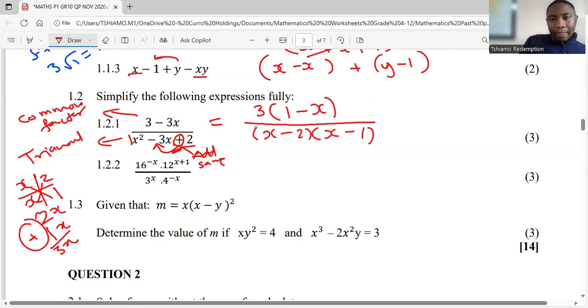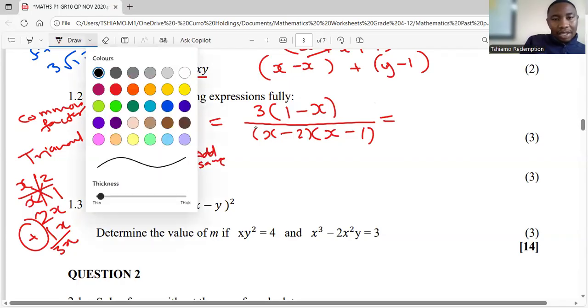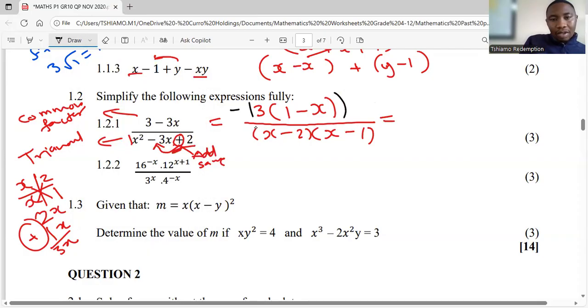Now, what am I going to do now? These 2 brackets have the same terms, but differ in signs. So I'm going to multiply the numerator with a negative to apply the sign change. So if I multiply this, look here. If I multiply this with a minus, the minus is going to affect the negative 3 and the bracket.